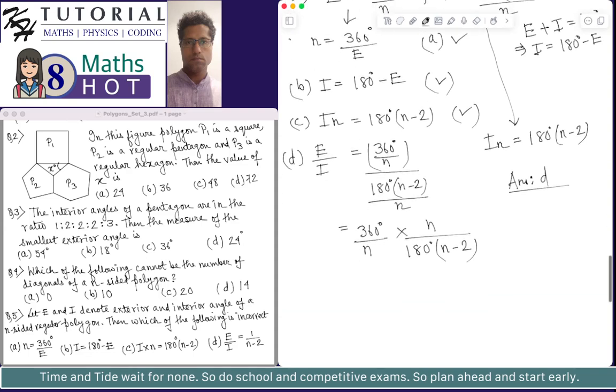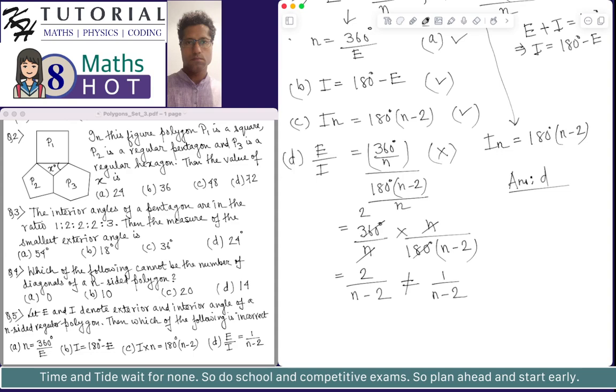So N cancels out, 180 degree will cancel 360 degree with 2, and this is equal to 2 by N minus 2, and definitely this is not equal to 1 by N minus 2. So this is an incorrect equation, and hence the correct choice is D.